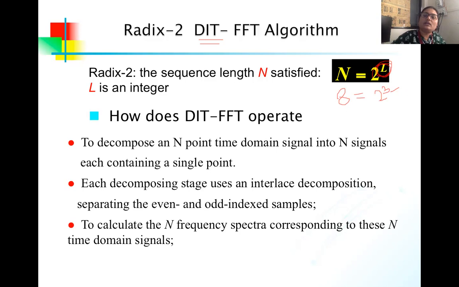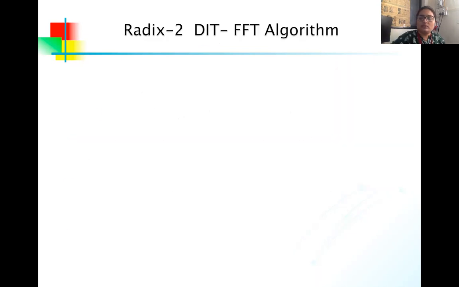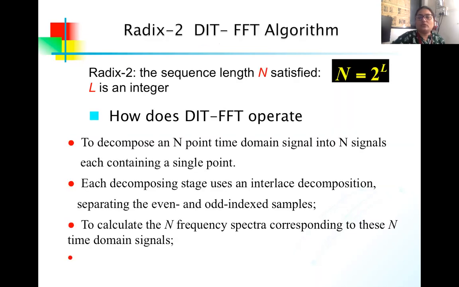To calculate N frequency spectra corresponding to N time domain signals, the objective is to calculate the N-point DFT values corresponding to this N-point input data sequence. The objective of the DIT FFT algorithm is to compute the N-point output DFT values.